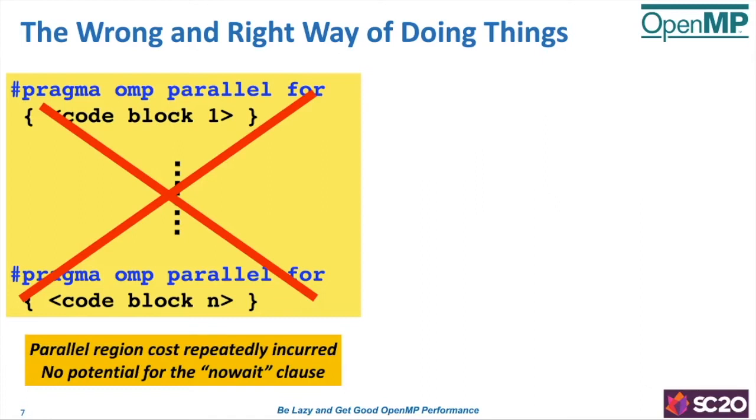Well, each parallel for is a parallel region, so each time you get there, you get that cost. And what's probably even worse, there's no potential for the nowait clause, which is a very powerful clause to omit the barrier at the end of the construct. Since you cannot have a nowait on the parallel region, the parallel for is stuck with all those barriers. A really bad idea.